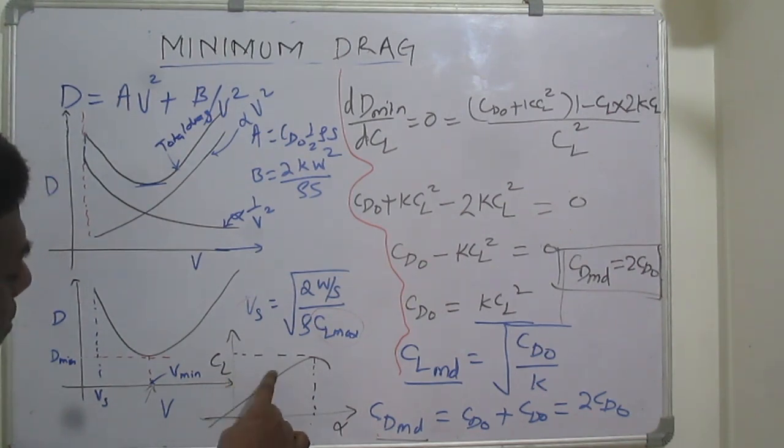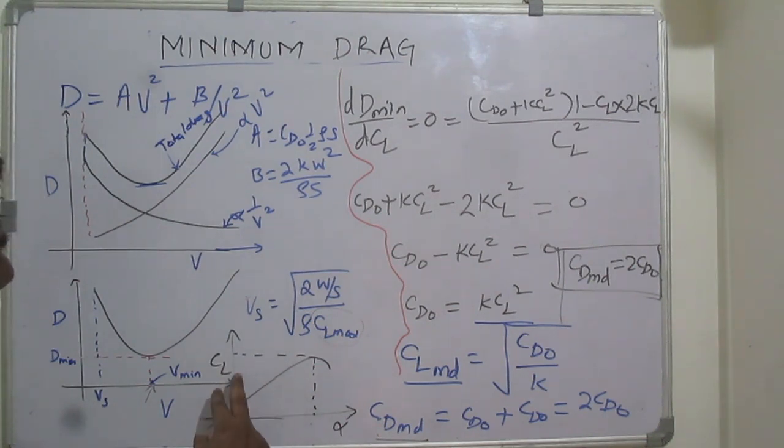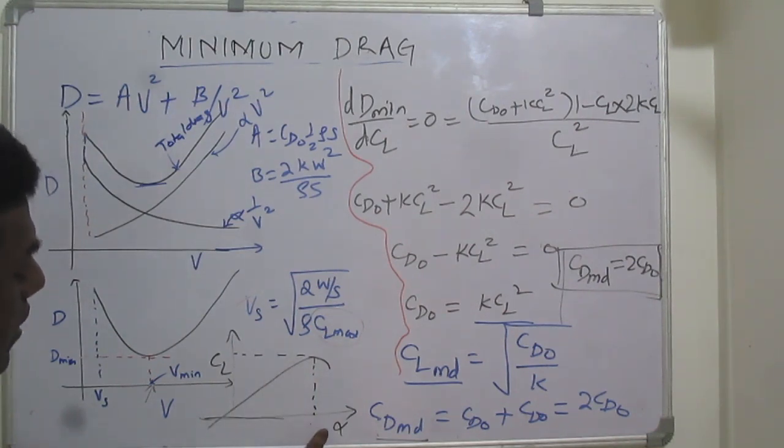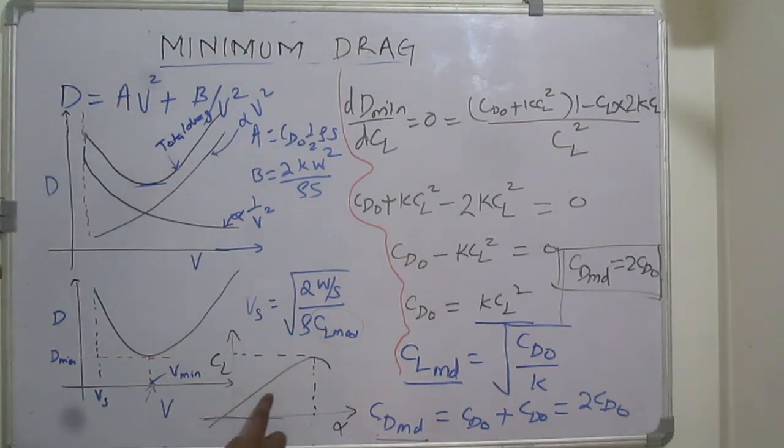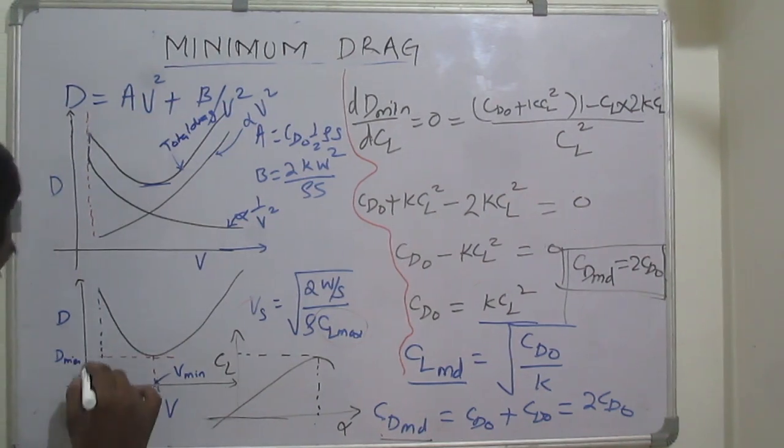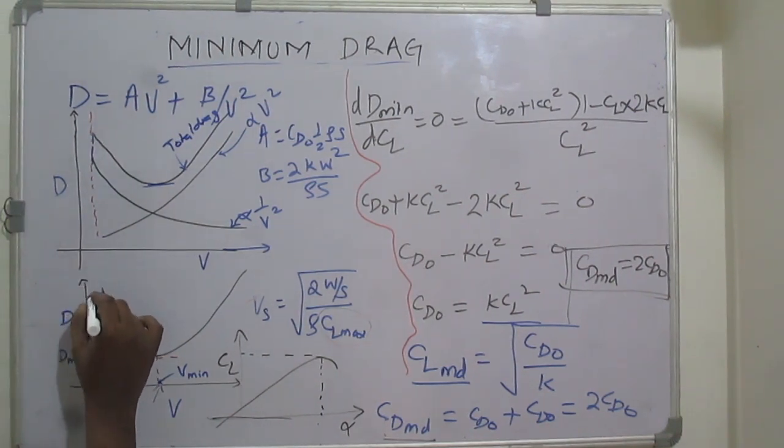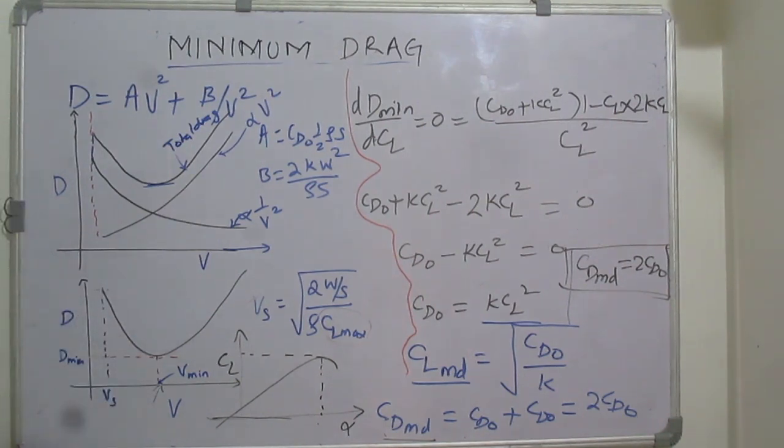The maximum lift coefficient CL max is achieved at the highest angle of attack, and at that time the drag will also be higher. That is what we see in this graph: at the stalling velocity, the drag is considerably higher.